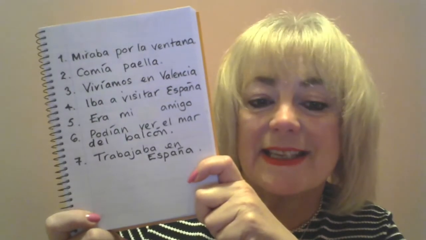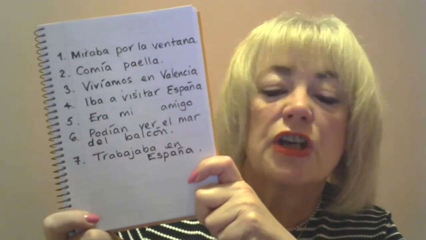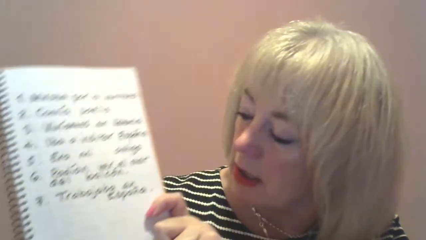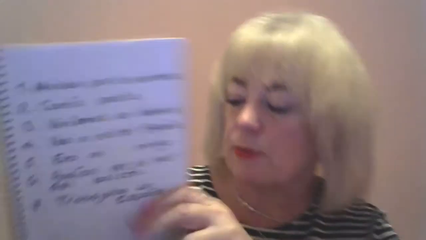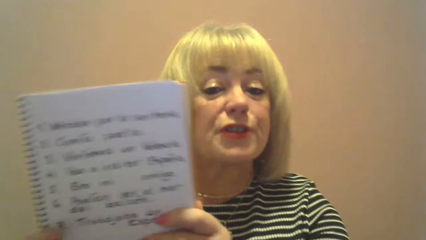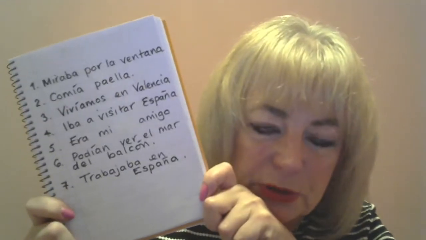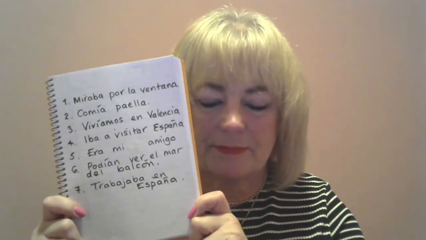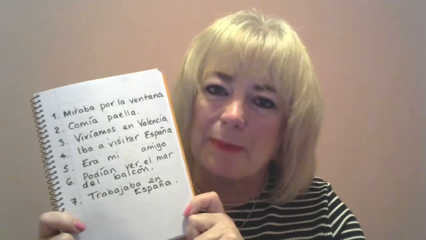They could see the sea from the balcony. So podían. We don't need to put ellos in there because it can only be they. And the last one, trabajaba. I used to work in Spain, so yeah, we might want to put in the yo. Yo trabajaba en España. So I call this the Alibaba tense because the AR verbs always end in the aba, but of course you have to remember that the ER and IR are ía.